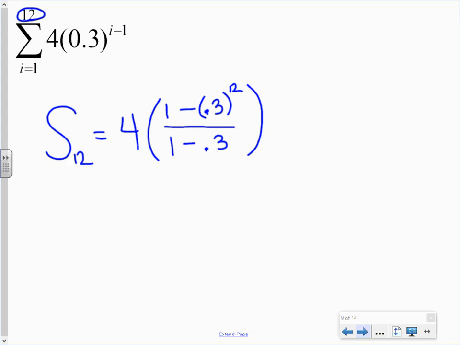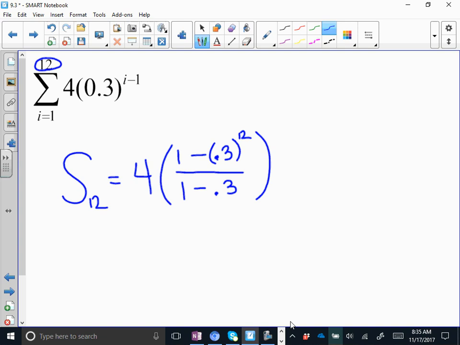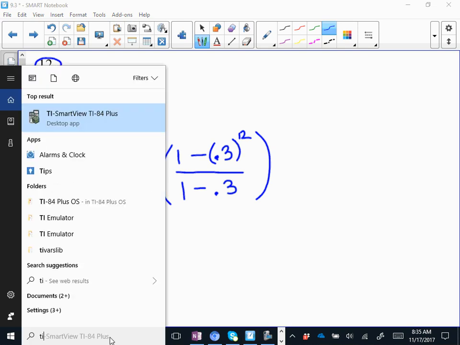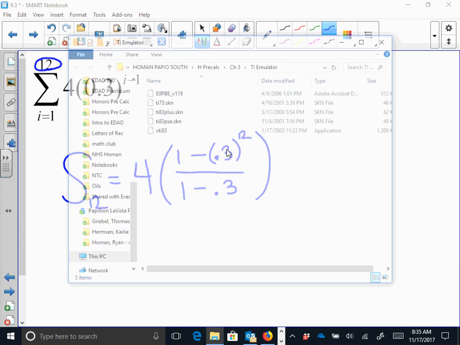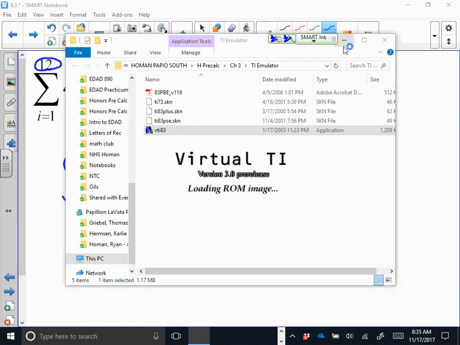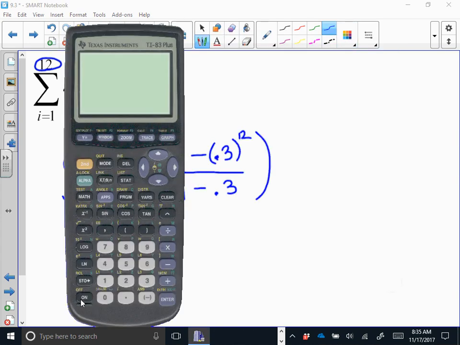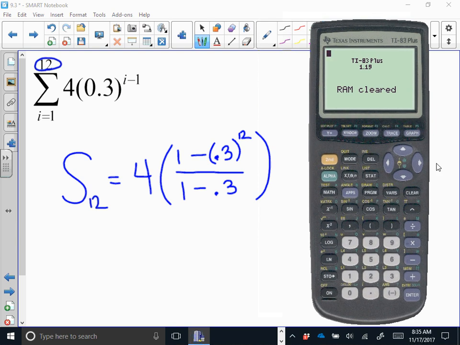Please be very careful with how you put this in your calculator. Okay, maybe I should get my calculator up here so we can do it together, huh? Okay.